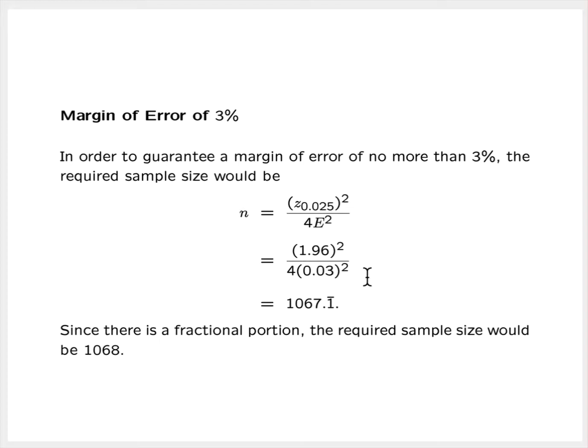It turns out that the smallest sample size that would guarantee that is 1067.1, the ones repeating. And because there's a fractional portion, we would go to the next larger integer, which is 1068. And so, again, using a sample size of 1068, we would be able to estimate the proportion of voters who favor a particular candidate at 95% confidence with a margin of error of no more than 3%.